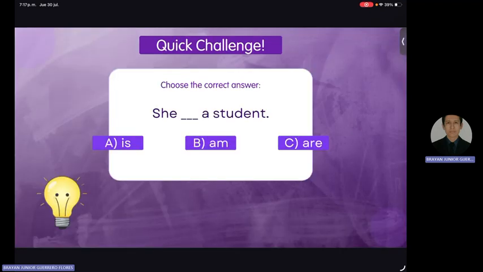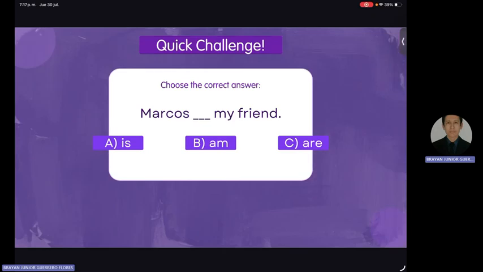Next, we have a quick challenge. You have to choose the correct answer. If you know, raise your hand. For example, "She is a student." Very good, letter A. Number two, Marcos, raise your hand. Letter C, "are my friend."